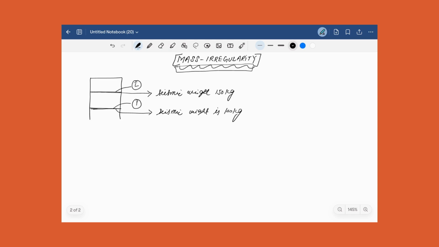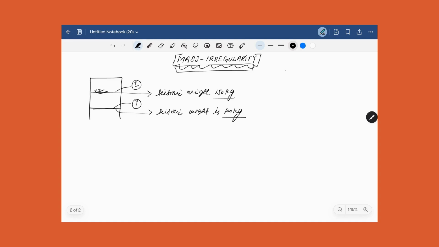If you want the definition, you can say that if the seismic weight of any story is more than 150% compared to the story below, then we say that this story has mass irregularity. Suppose this story is 150 kg and this is 100 kg. Then this story has mass irregularity, and it is considered as a soft story.